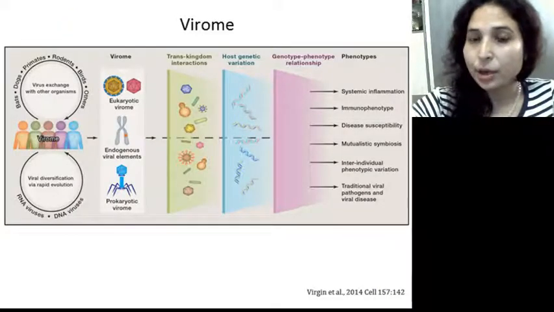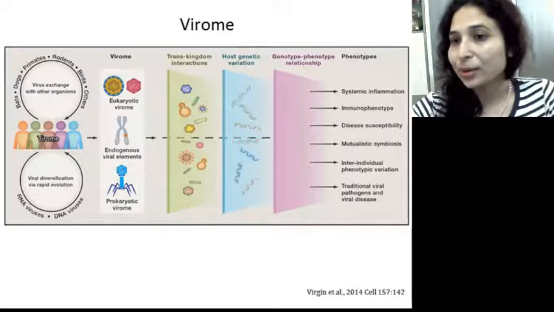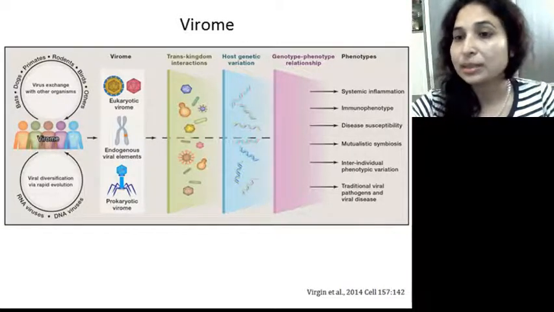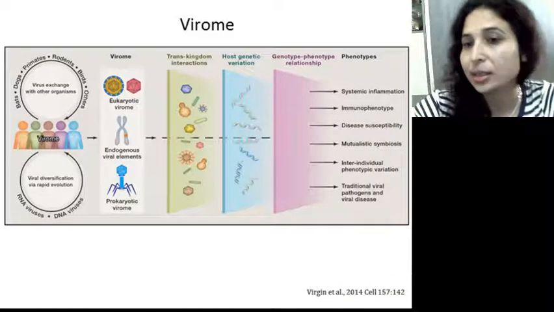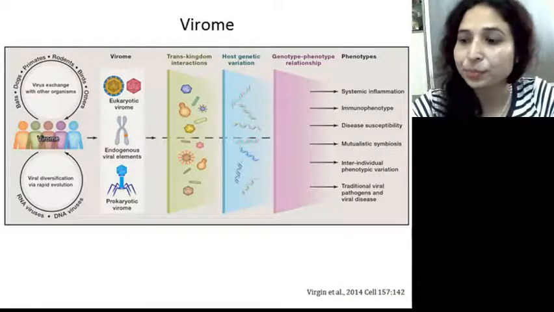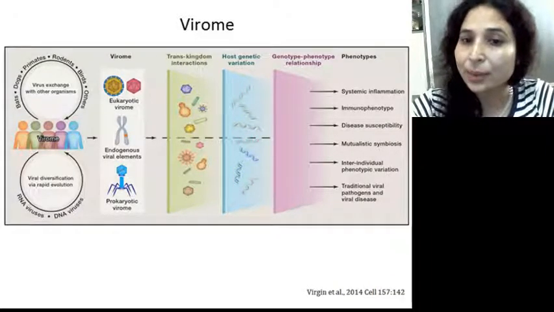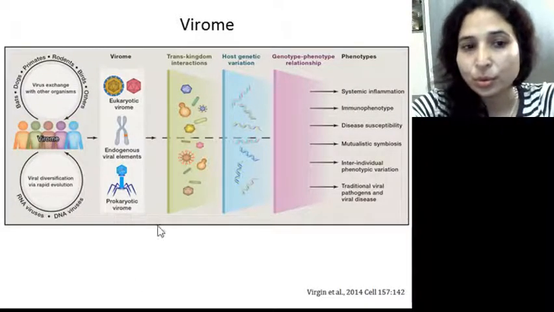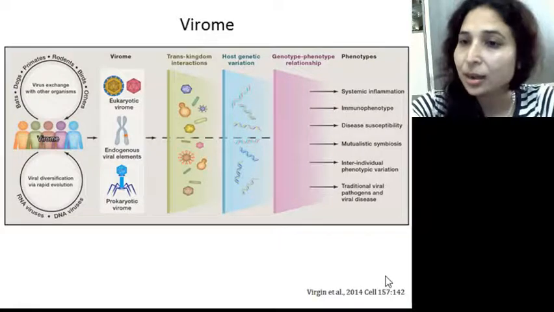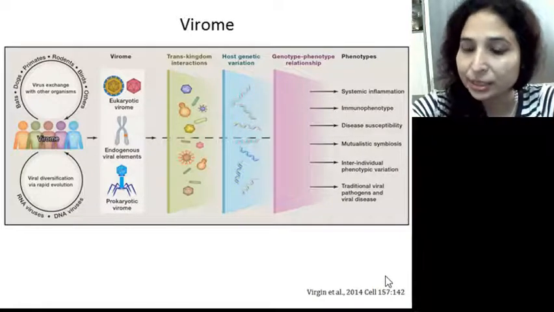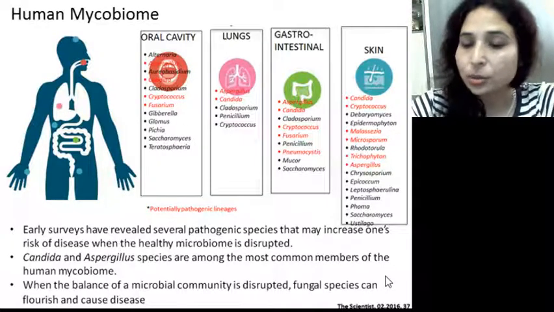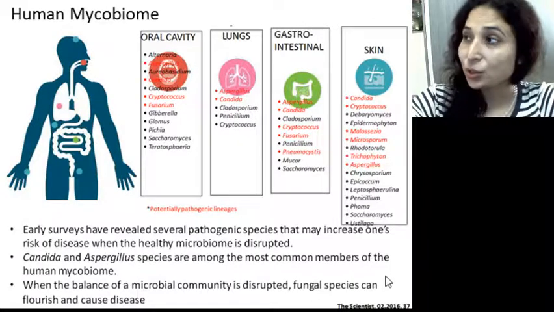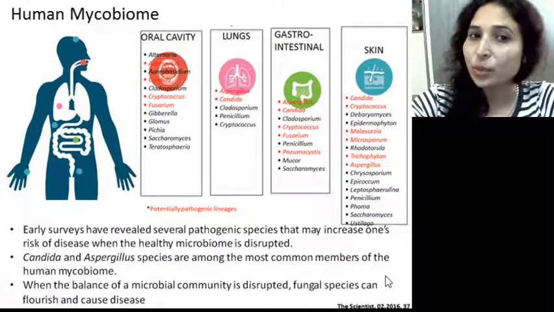Another important element of the gut microbiota is the virome. Virome means the viruses that are present in the gut microbiota and their role in pathogenesis and diseases. I will discuss this in another lecture in a very detailed way. Another aspect is the human mycobiome. Myco means fungi.